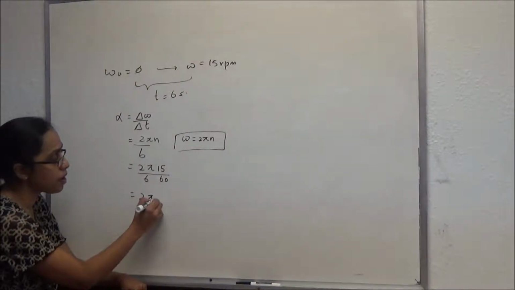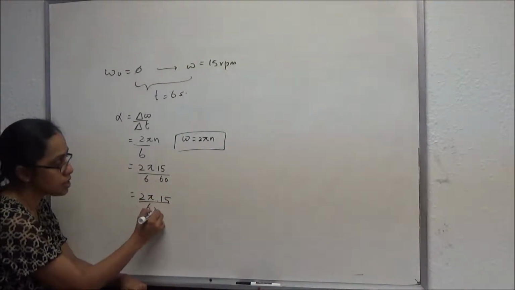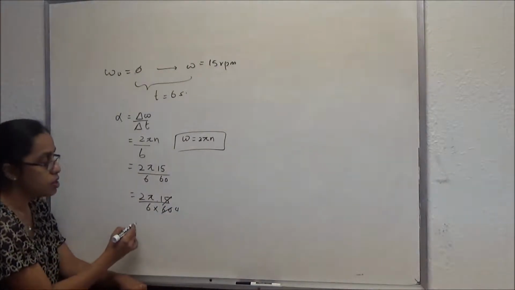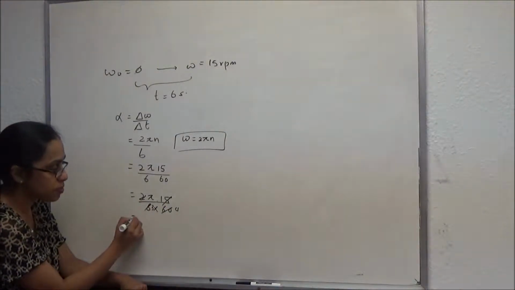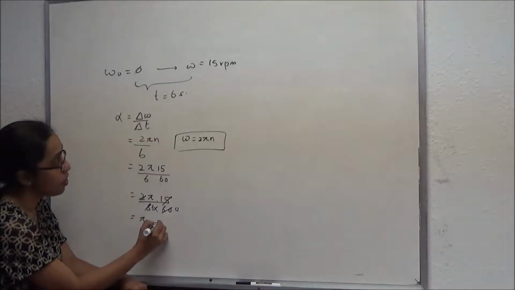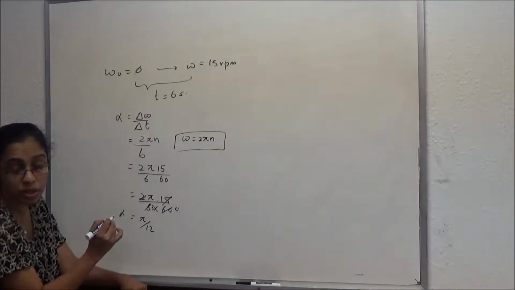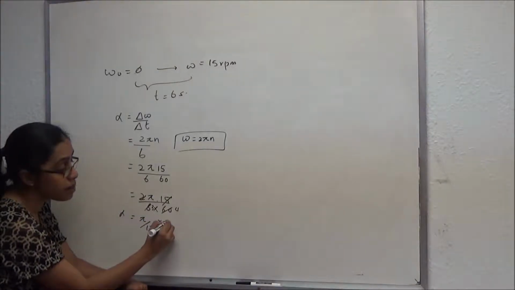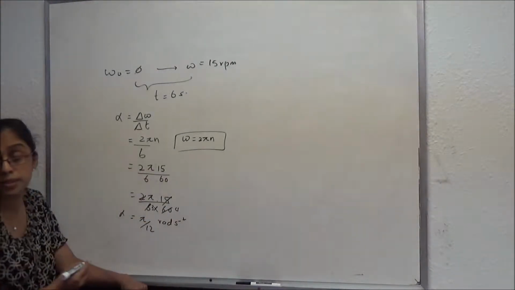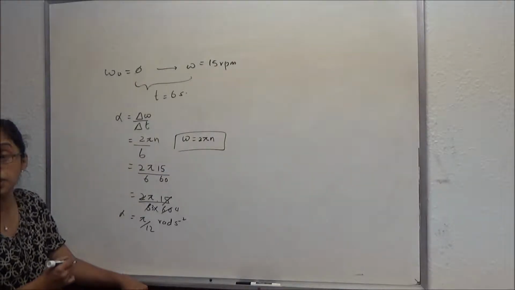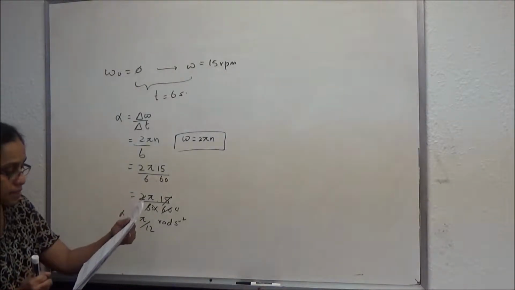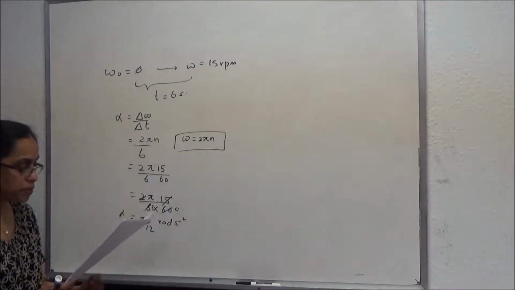So it's 2 pi into 15 over 6 into 60, 15 into 1, this is 4, so this is 3, and this will be pi over 12. And what should the unit be? Rad per square second. Please remember, rad per square second. The next sum you can do at home.